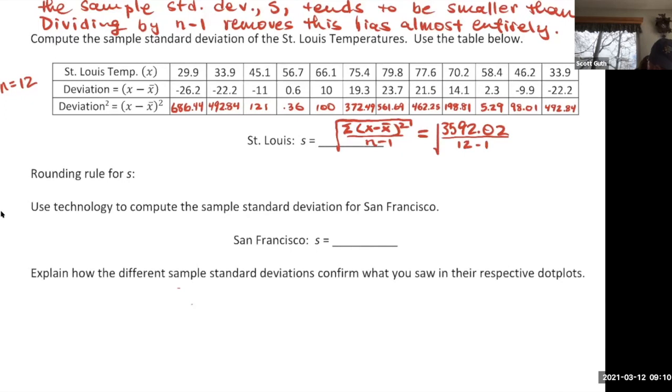And then we have to do the square root. Okay, horrible, just horrible. Okay, and again, don't forget the square root. Anybody have this one?